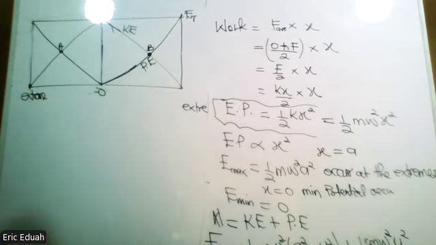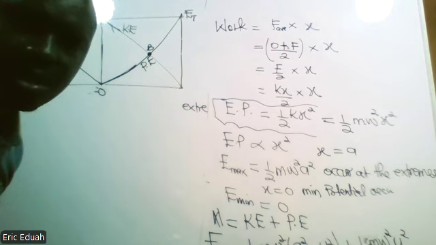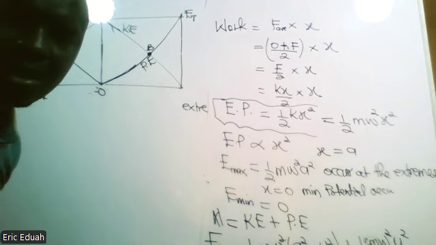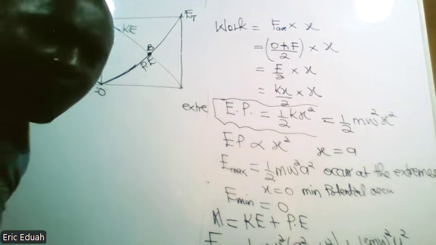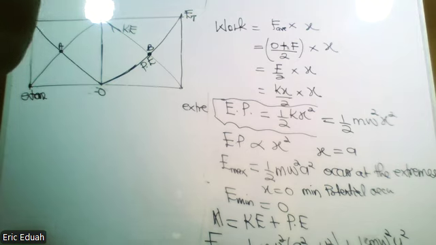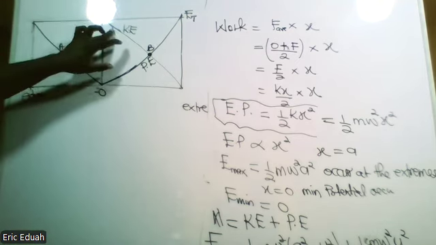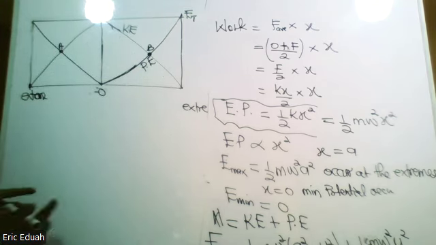And don't forget, an increase in one form of energy is a drop in the other form of energy, or a loss in one form of energy is a gain in the other form of energy. Don't forget, this is the energy graph with respect to displacement.